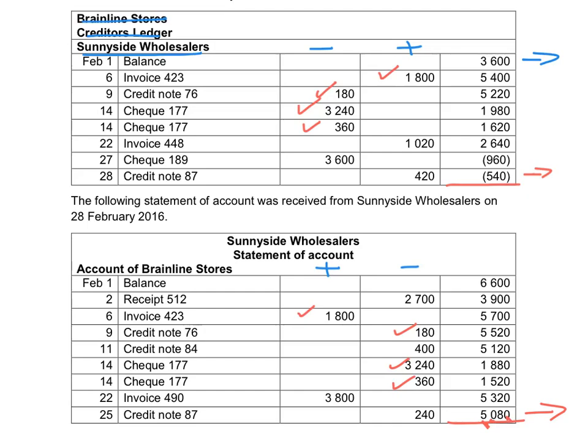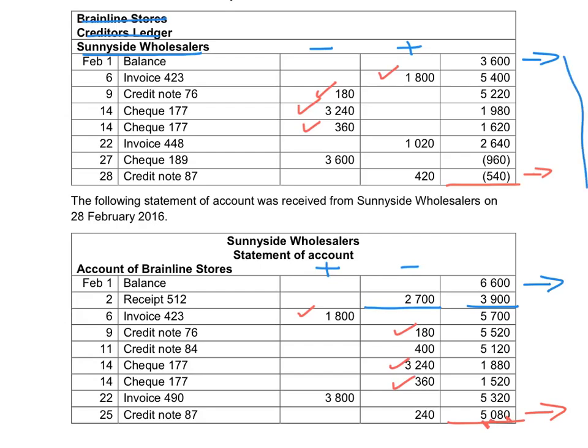According to their books, the opening balance is 6,600. So it means they haven't recorded the 3,000 Rand that we paid at the end of January. Then they recorded the 2,700 that they received from us, and they reduced this amount to 3,900. They never recorded the 300 Rand discount.